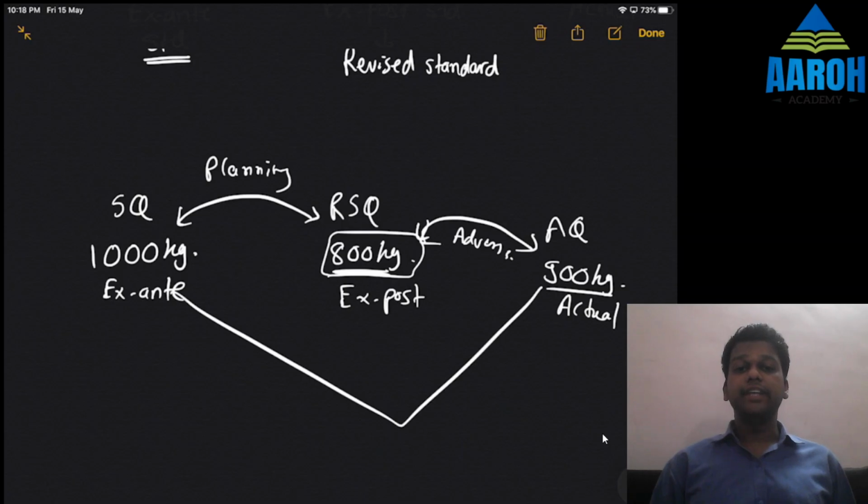So traditional variances can be a bit misleading if we don't sub-analyze them further. So we'll call this planning variance, and the variance which actually arose during operations will be called operational variance. Okay.